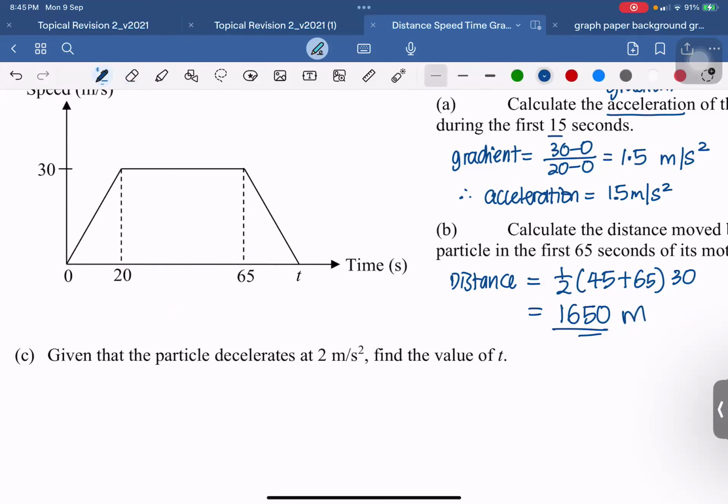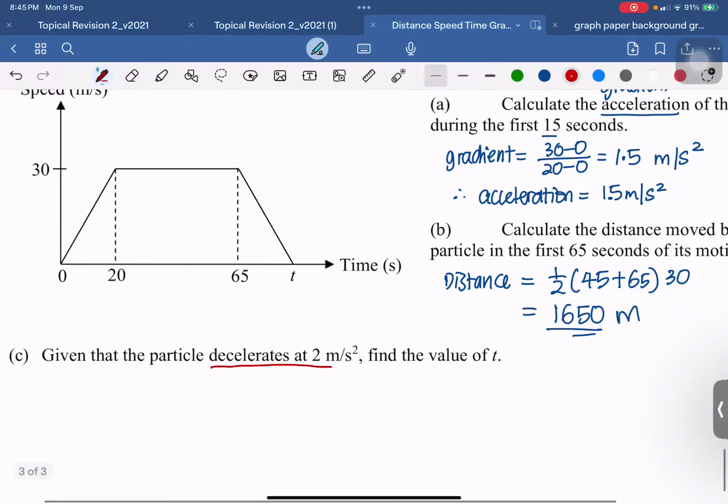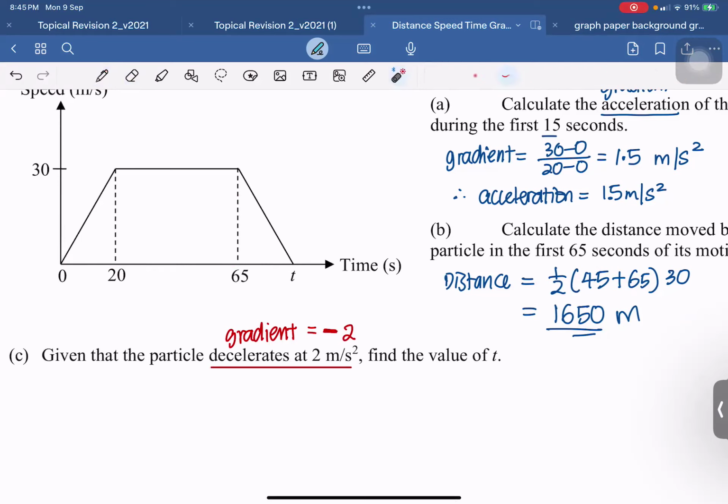They tell you the word decelerate, so when it's deceleration, the gradient is negative 2. Where is the deceleration? Which portion? 65 to T. Correct. So this portion is my deceleration.